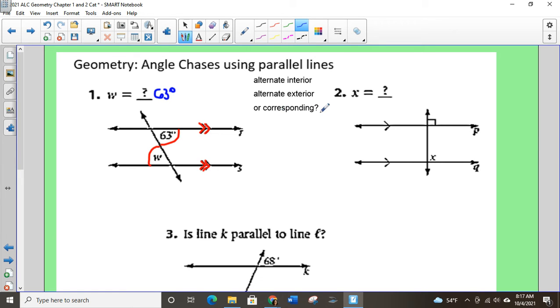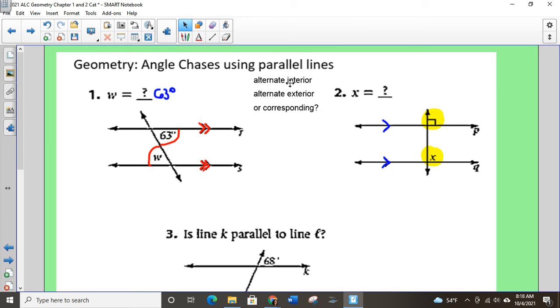All right. The next one, this little box right here, what does that tell you about the angle? Hopefully you said it was 90 degrees, or that it was a right angle. What do these arrows tell you? Hopefully you said that it tells you that the lines are parallel. And then last but not least, the angle they want is X. How do those two relate to each other?